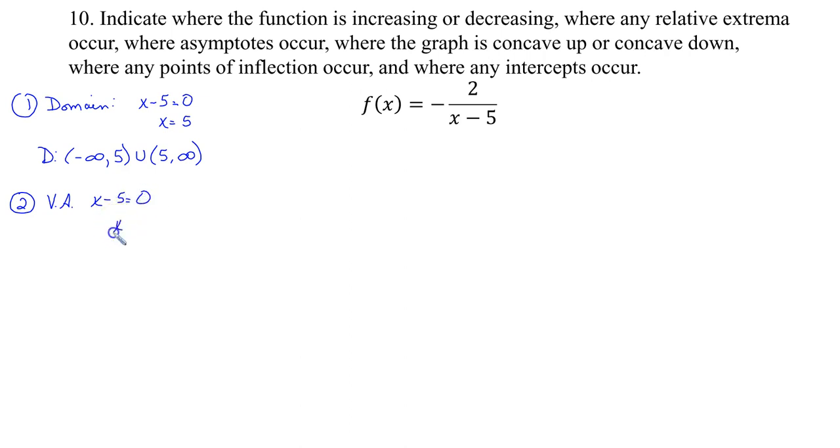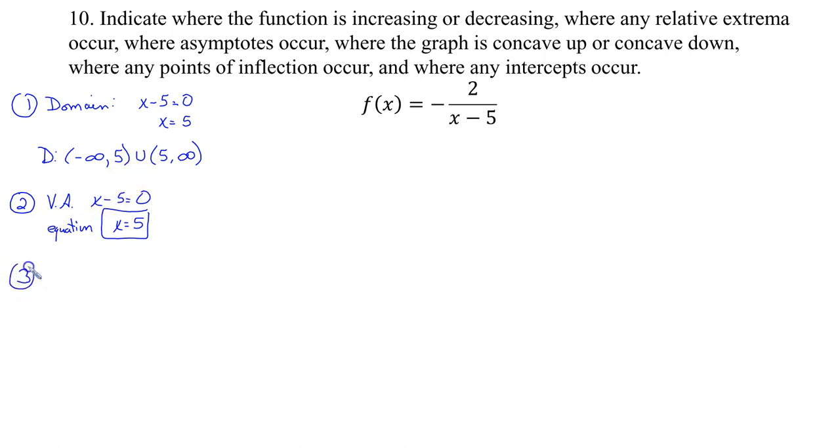So the vertical asymptote is the equation x is equal to 5. Here we were finding the value that we had to remove from the domain. Here we're finding the equation, x is equal to 5. That corresponds to the fact that we don't have any values there, so this is where something strange is happening for us.